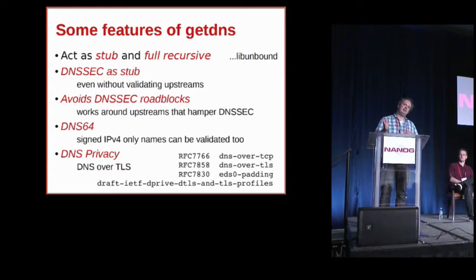So what a DNS64 recursive resolver does basically is it looks up a name. If it does not find a quad A record, no IPv6 address, it synthesizes one that can be used in the IPv6 only network. So this is problematic for DNSSEC. If you have a host that is IPv4 only, but is DNSSEC signed, the end host will receive a synthesized answer, which is not DNSSEC valid, which is not authentic. So getdns can work around that by doing its own synthesis.